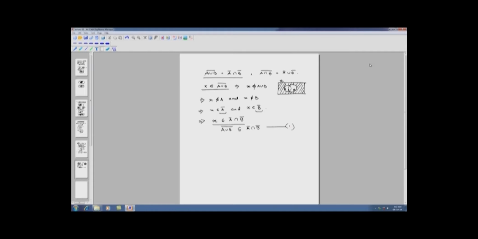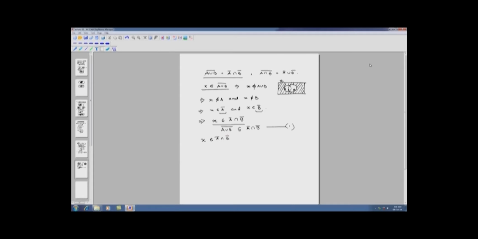Next, we start from the last line of the previous chain of arguments. So, we start from the point that x is an element of A complement intersection B complement.